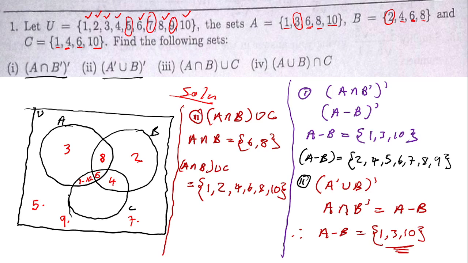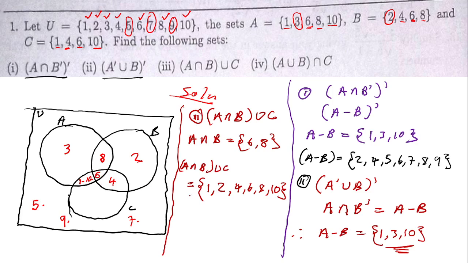And then A intersection B is 8 and 6, of which you need to know that 8 will be written once, and 6 will also be written once. So this is how easily you can come up.